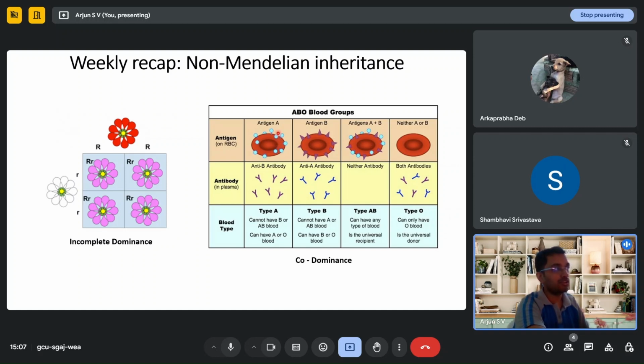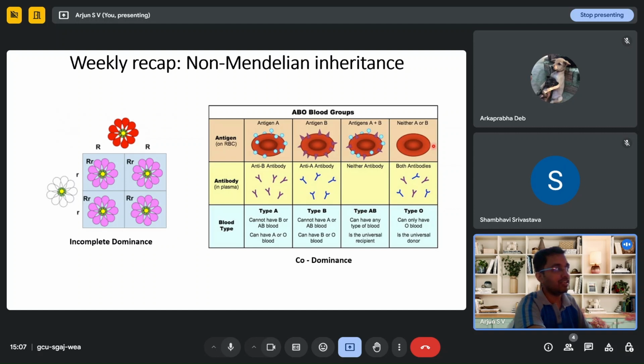We also saw that A and B are dominant antigens in this blood group case, and that if a person has A and B, they give rise to the blood group AB, which is codominant in nature.